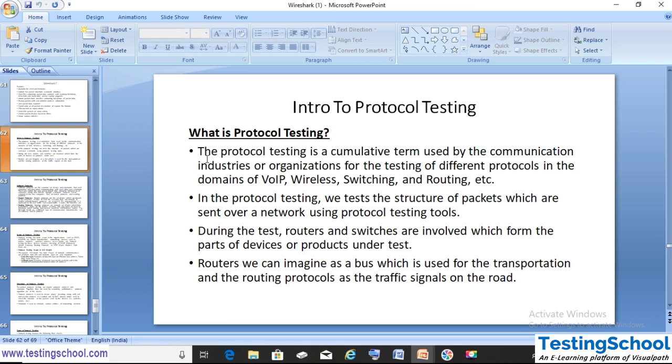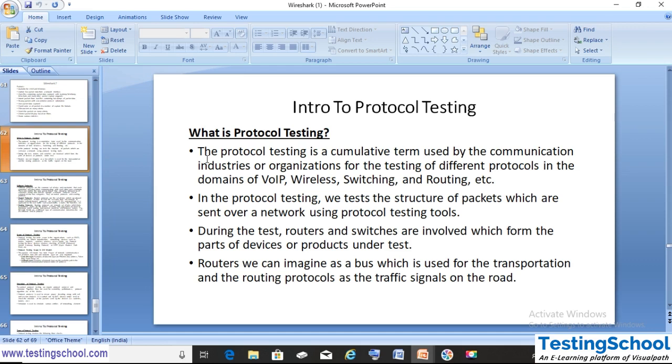As we discussed, there will be one root bridge and the others are non-root bridges. Suppose we want to test only root bridge functionalities, like how it behaves, how it sends frames, and how it receives frames. The one we found as root will be our device under test, because here we are just checking the root bridge functionalities.